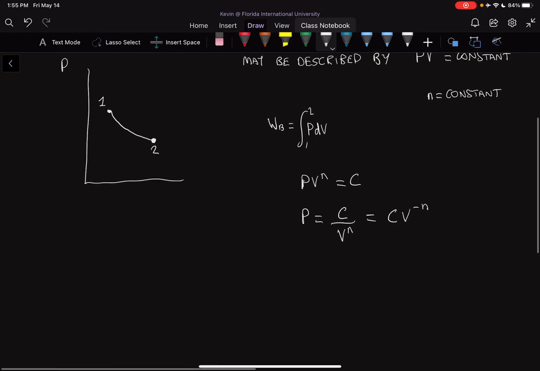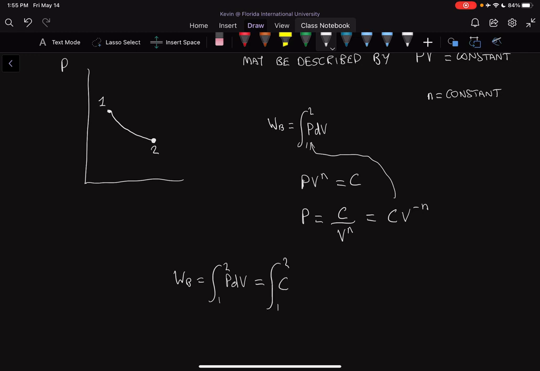Now we can substitute this for our P here, and now we have an integral that's actually solvable. So we have work boundary is equal to the integral from 1 to 2 of P dV, which is equal to the integral from 1 to 2 of C V to the negative n dV.